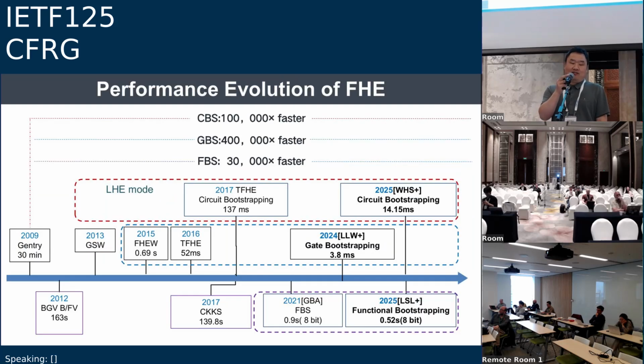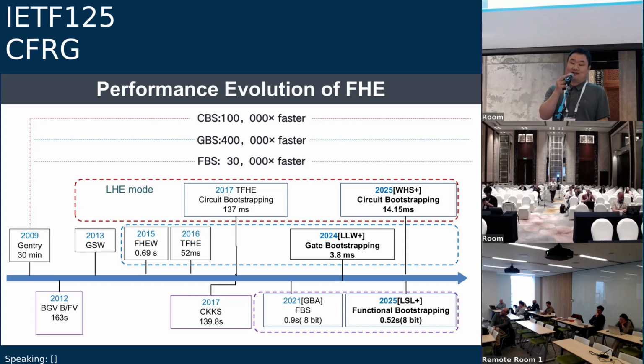Okay, when mentioning FHE, most people may think it is very slow, very expensive. In the early years, this was true. For example, in 2009, the first FHE algorithm took more than 30 minutes to do 1-bit bootstrapping. Bootstrapping is one of the basic operations in FHE.